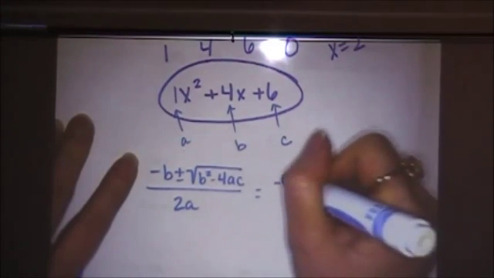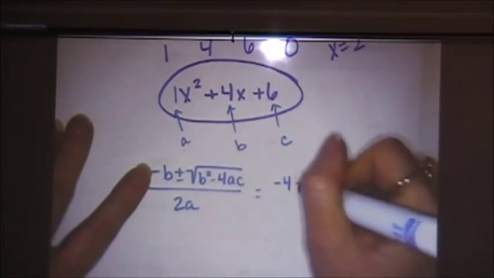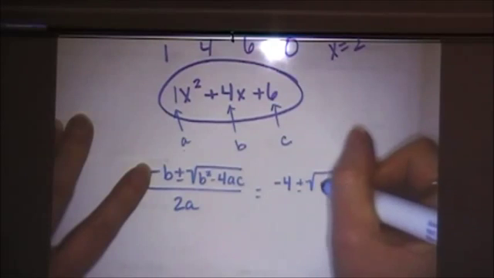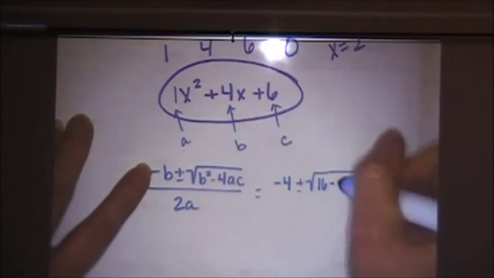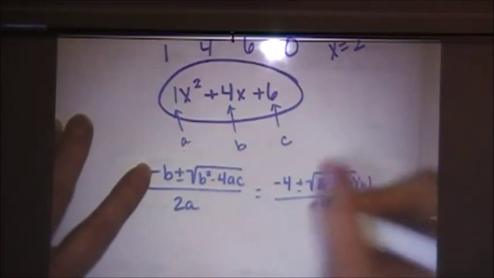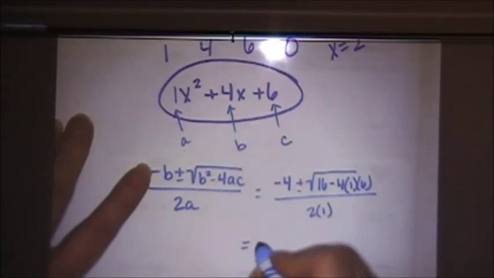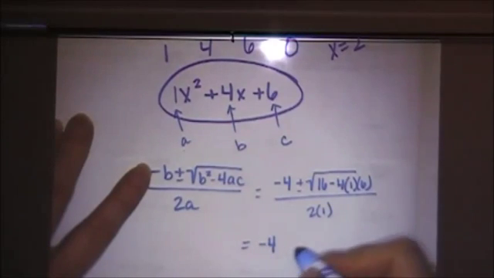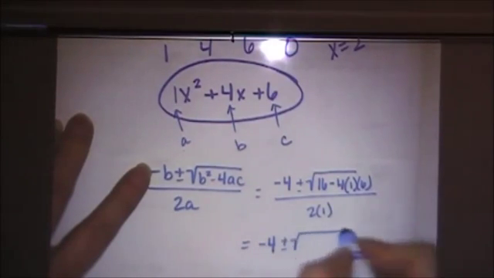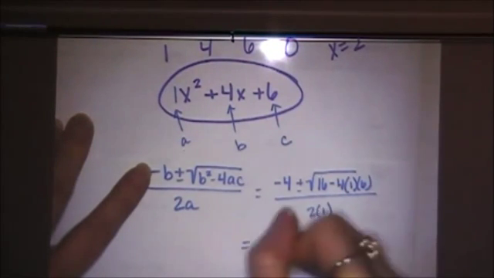So I'm going to plug in, it's -b, so it's going to be -4 plus or minus the square root of b squared, so 16, minus 4 times 1 times 6, all over 2 times 1. And I'm just going to simplify this. -4 plus or minus the square root of 16 minus 24 over 2.